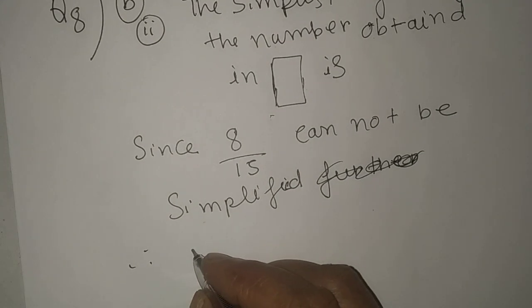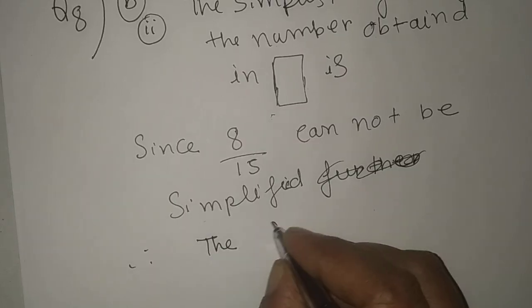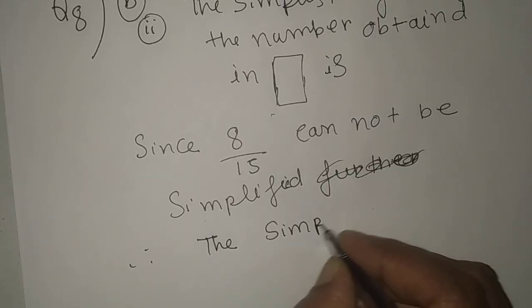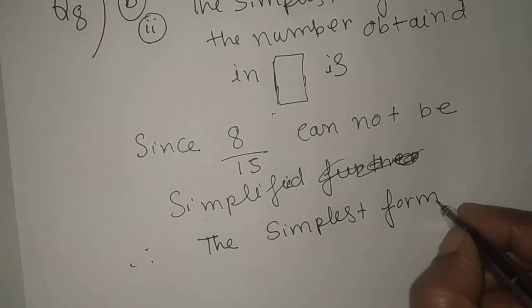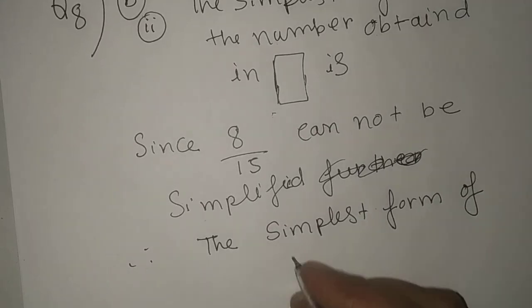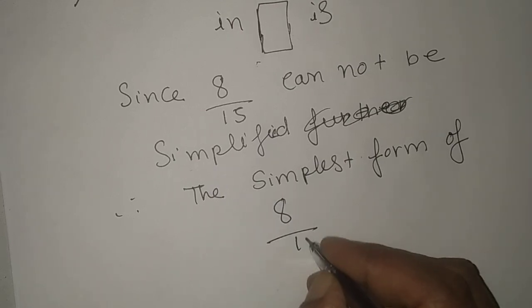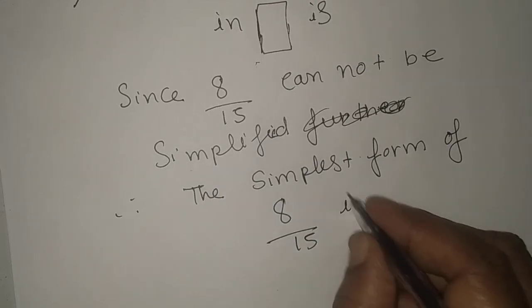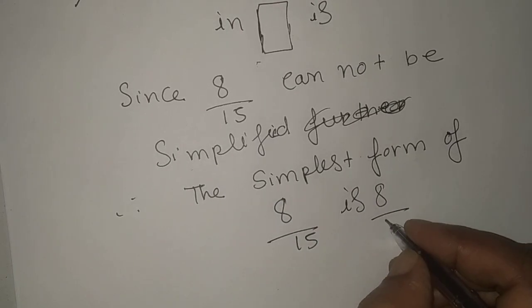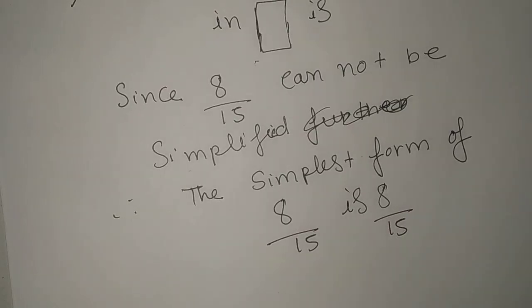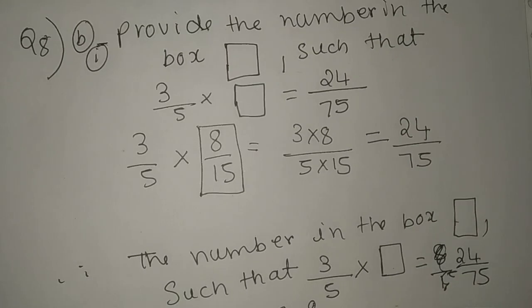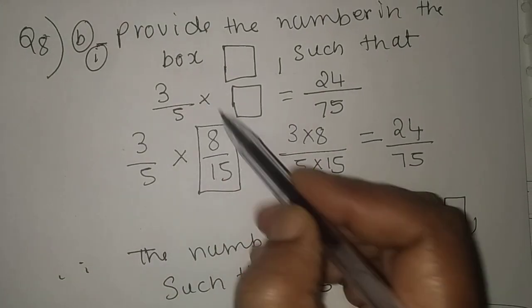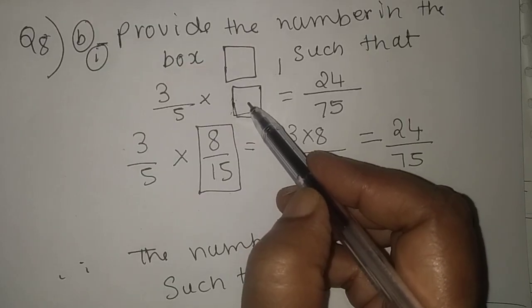Therefore, the simplest form of 8/15 is 8/15. This is the solution. So first take this problem. They have given this problem. We have to find out the number provided in the box.